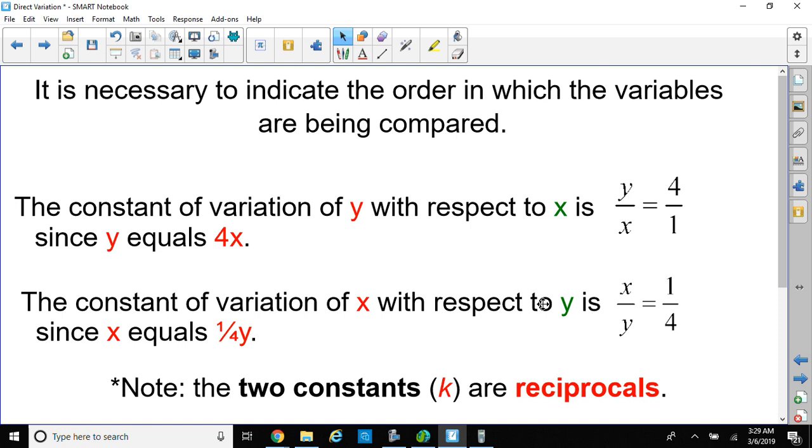Again, x came first, y came second, so there's your fraction, which is 1/4. That's upside down from 4 over 1, reciprocals. So since x is 1/4 of y, that's another way of looking at it if you went backwards. So the two constants, k, are reciprocals.